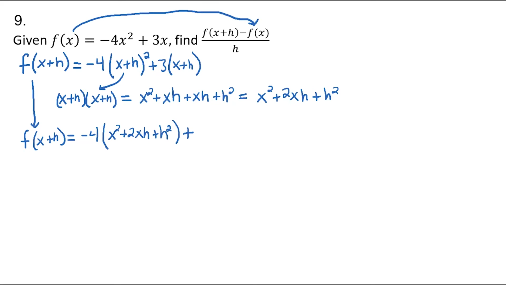We're going to end up having to distribute 3 times the x and times the h. So what I'll get down here is 3x plus 3h. Okay, so now I'm going to distribute the negative 4 to these terms here.